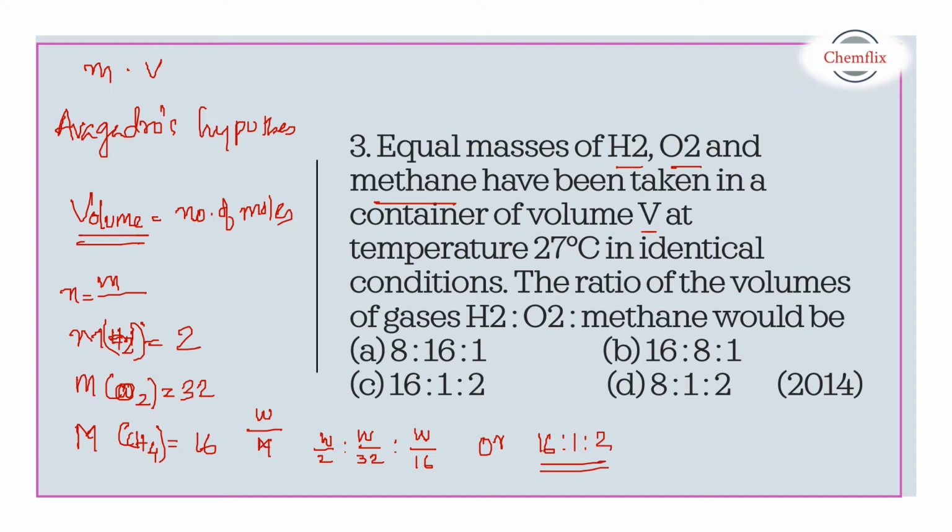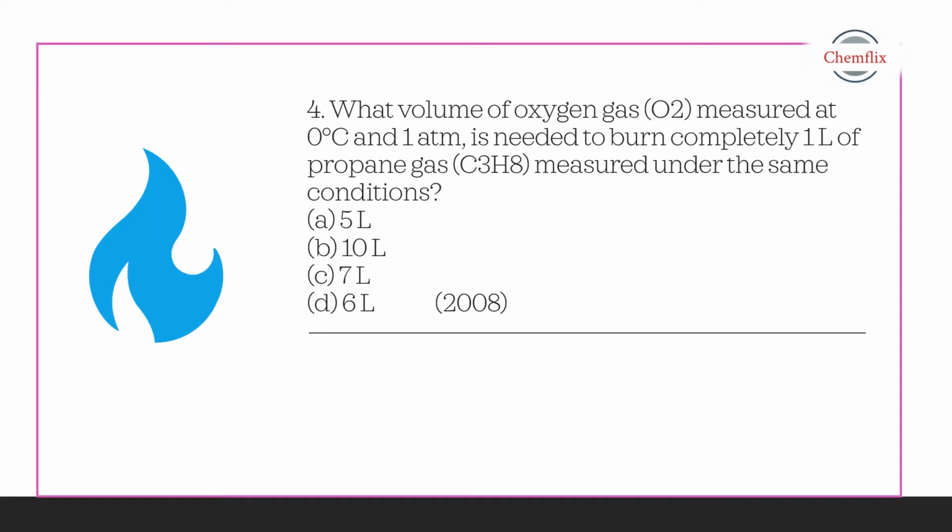What you are doing here is taking the largest number, 32. 32 divided by 2 is 16, 32 divided by 32 is 1, 32 divided by 16 is 2. So 16 is to 1 is to 2 will be the ratio. Option C will be the answer. This is a 2014 question.